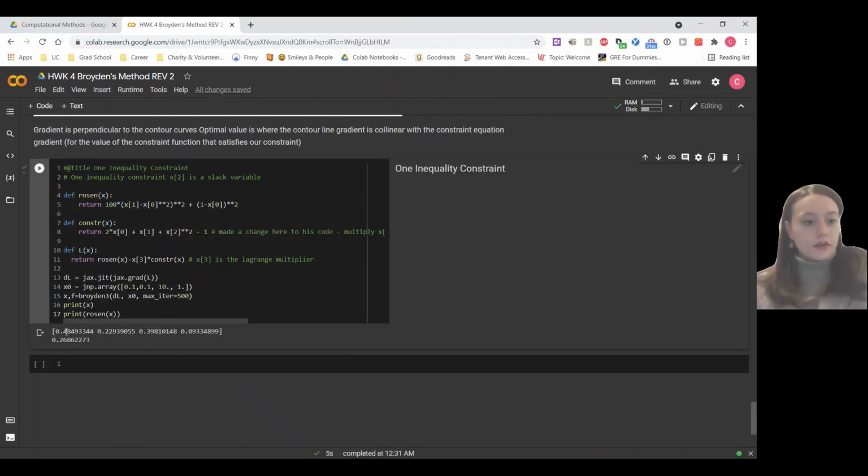Okay, so now we've printed our x, so we have our x value, y value, our value for the slack variable, and our Lagrange multiplier, and we can see that our minimum value for the Rosenbrock function when we're satisfying this constraint is about 2.27.